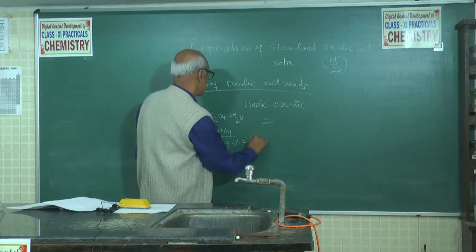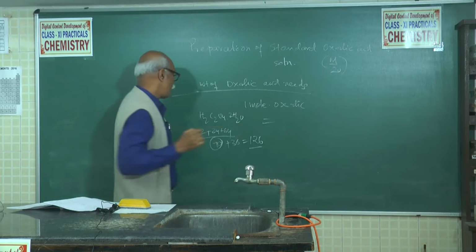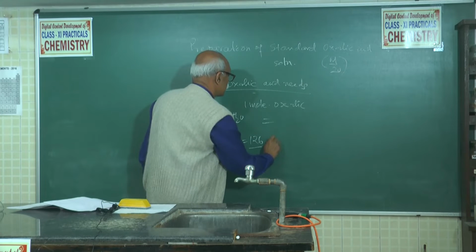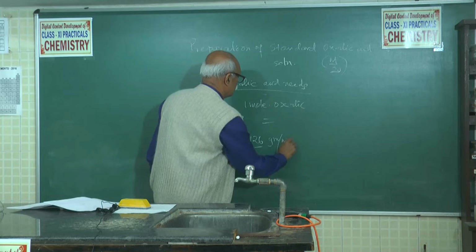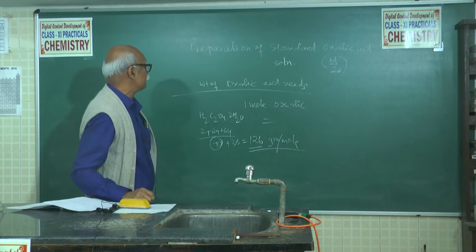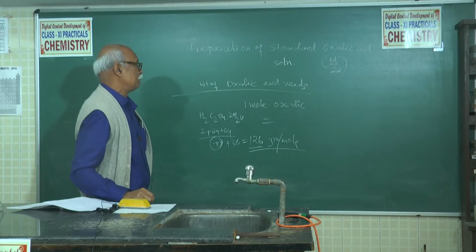So that will be 126. 126 is its molar mass, which can also be expressed as gram per mole. If you take 1 mole, the weight of that oxalic acid will be 126 gram.